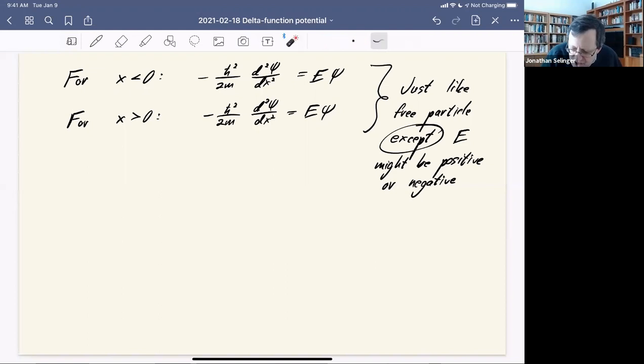The potential energy is zero at these positions, but the expectation value of the potential energy involves everywhere, not just a single position, right? Like when we had the harmonic oscillator, for example. We could calculate the average kinetic energy and the average potential energy in some state, okay?